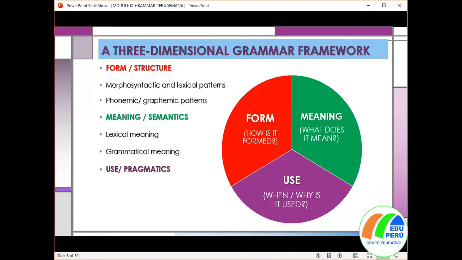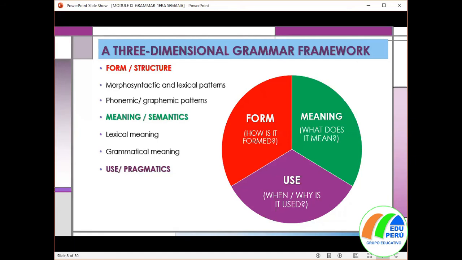Also, if you want to talk about, for example, this is related also to morphology, when we add the ed to the verbs to make the simple past. So this is a grammatical morpheme, because it doesn't have a literal meaning.